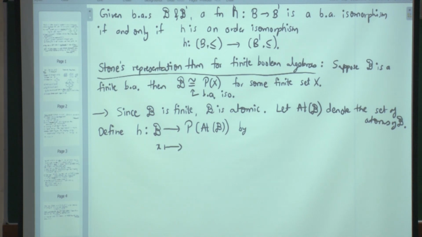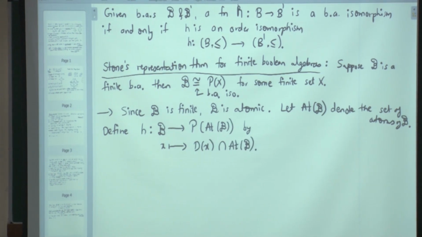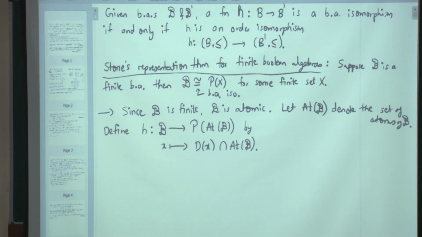And how do I write that? I am going to use this notation. What is D? Down set of x. So all the elements which lie below it and are atoms. That's my definition of h. Okay, what do we need to show? I'm going to call this property star.